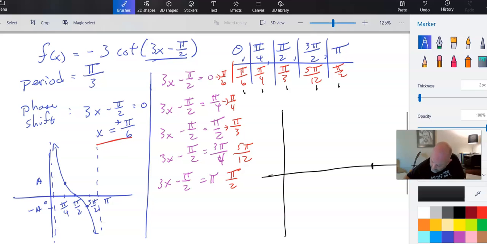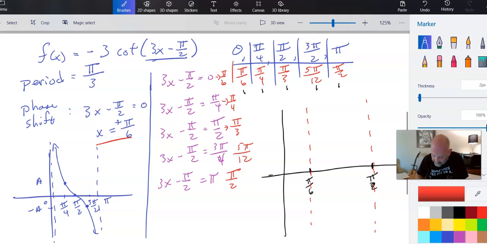So I'm just going to put pi over 2 out here. And I'm going to put pi over 6 over here. And then what I need to do is divide this into 4 pieces, right? Because this will end up being one period. So this is one asymptote. This is the other asymptote.